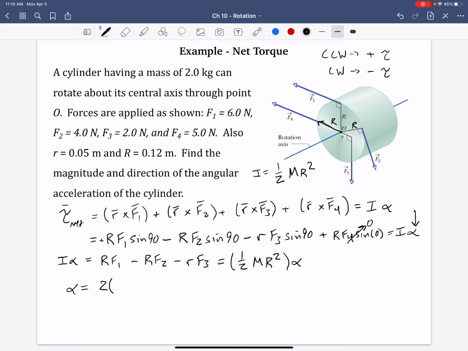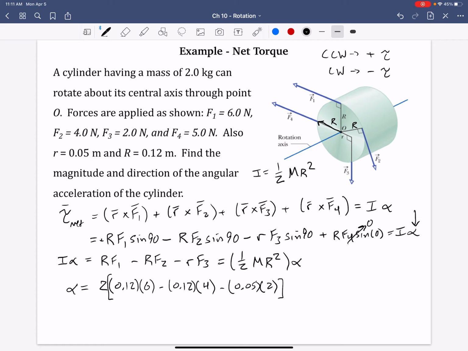We'll plug in numbers. R is 0.12. F1 has a magnitude of 6 newtons, minus capital R, 0.12, times F2, which has a magnitude of 4. Then the third term, lowercase r, 0.05, times the magnitude of F3, which was 2.